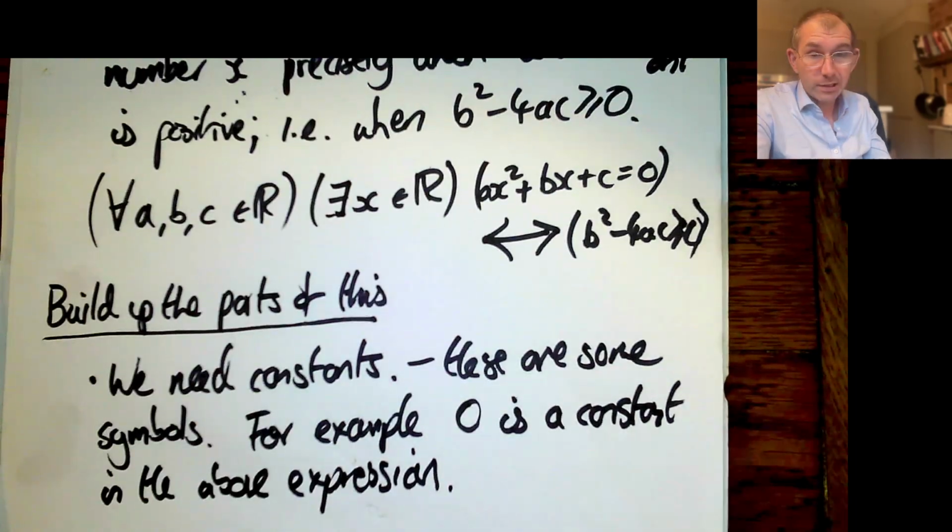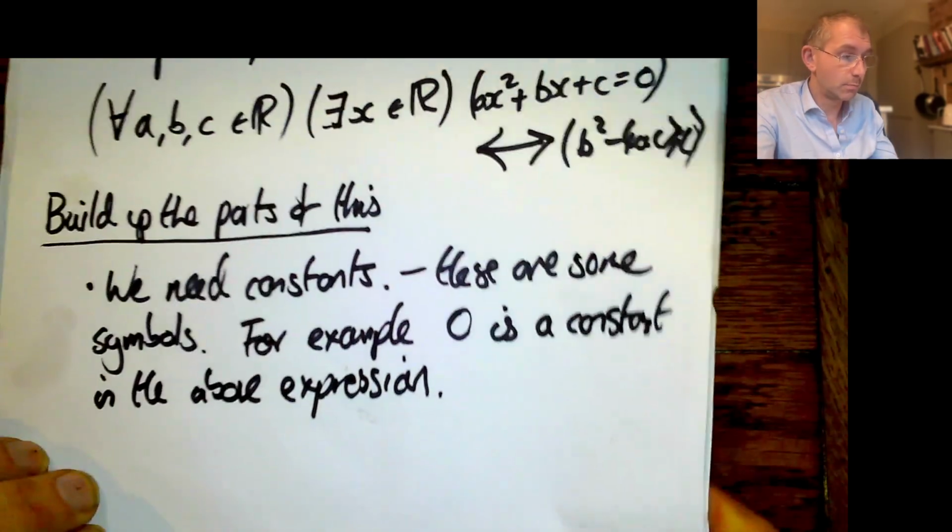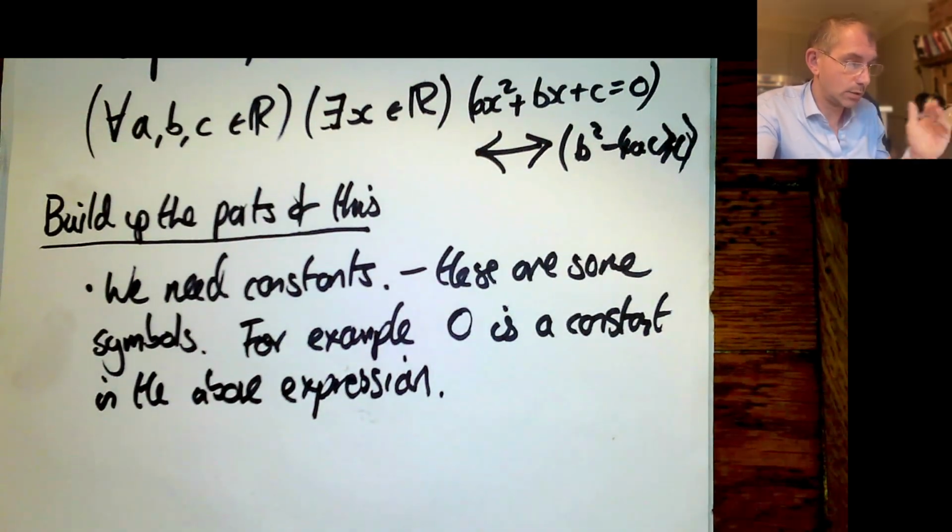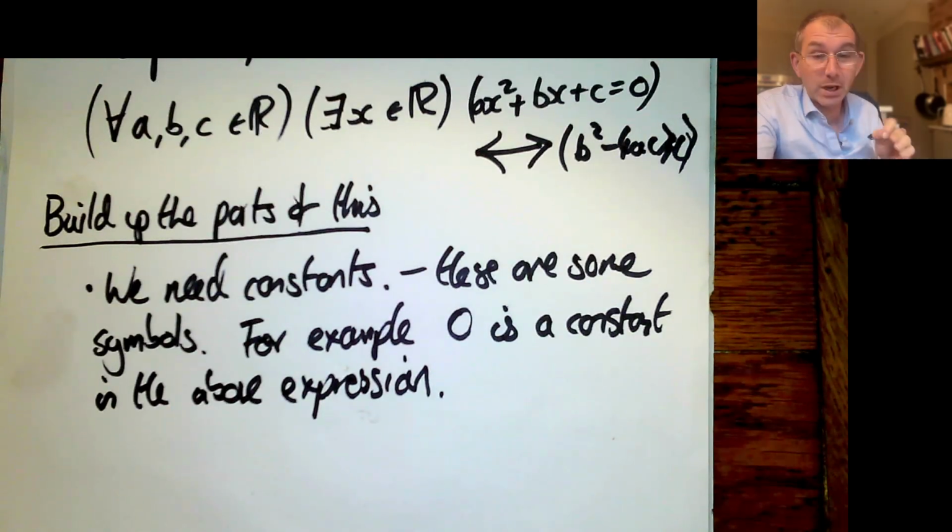But usually we're going to want to use more than just 0 as a constant. If we're working with the natural numbers, then we're going to want symbols to represent 1, 2, 3, and so on.